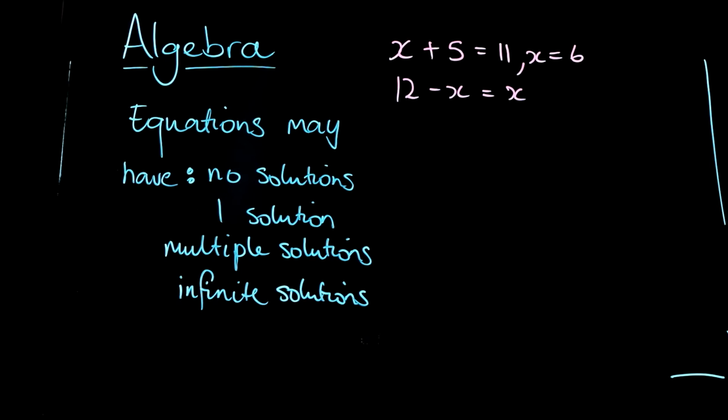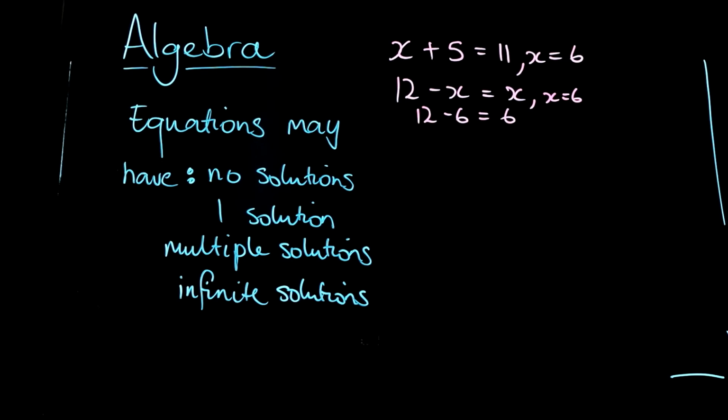So I can only see one solution here, and there's no stress if you're just trying a few different numbers and trying the simple ones, 1, 0, all those kinds of things. But I can see here that the value of x needs to be 6, because 12 minus 6 is equal to 6. And that is the only situation where I can see that being true. Okay, nice and simple, one solution there.